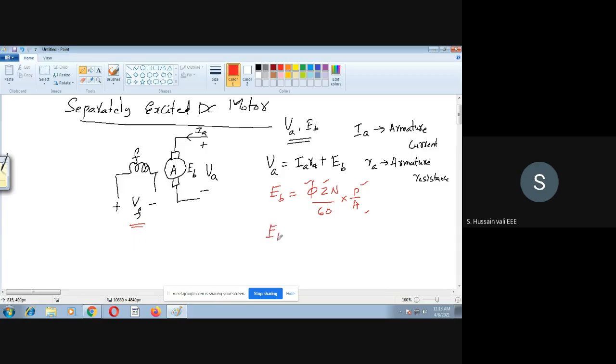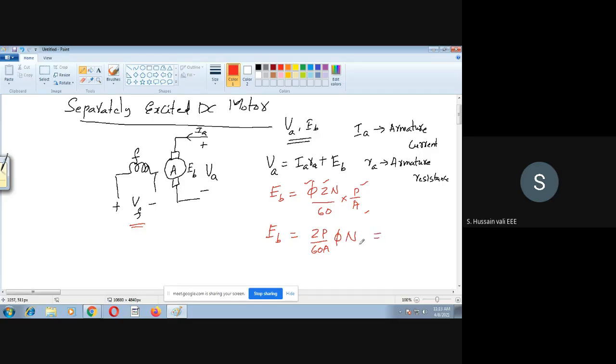We can write it as ZP by 60A into phi into N. This is one way to represent it.